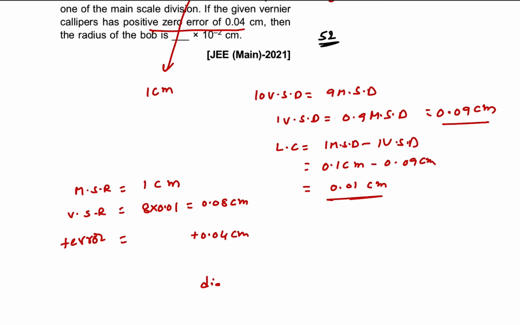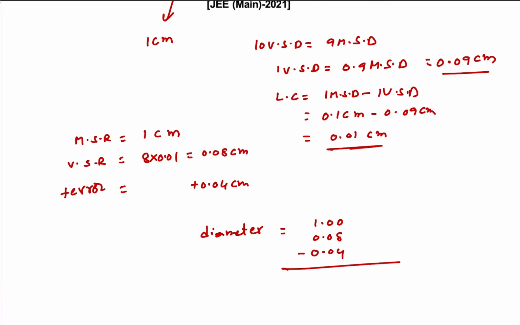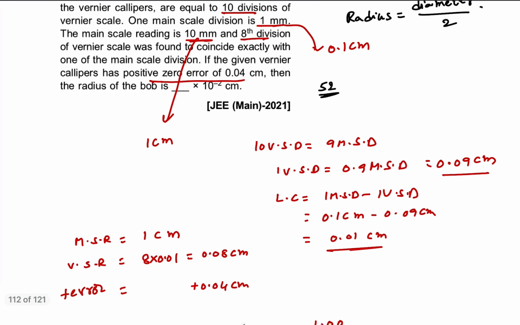Now diameter I am writing, because we will measure the diameter. Diameter can be written as 1 centimeter, that is 1.00, plus 0.08 minus 0.04. If you write this, 1.04 centimeter is the answer, the diameter. But they are asking the radius of the bulb.